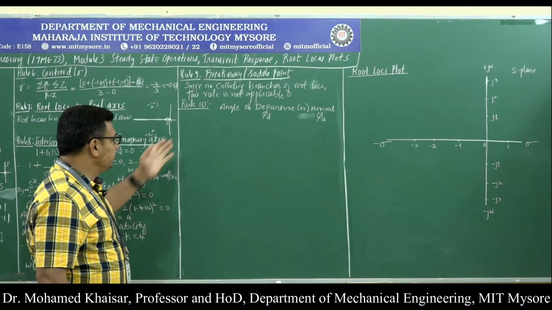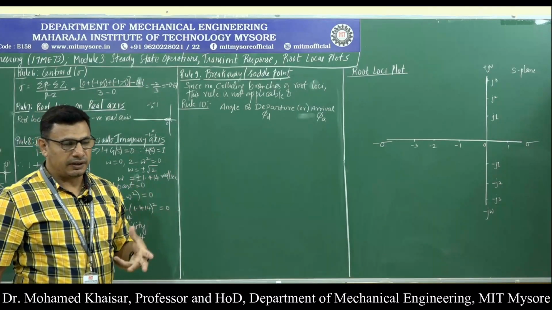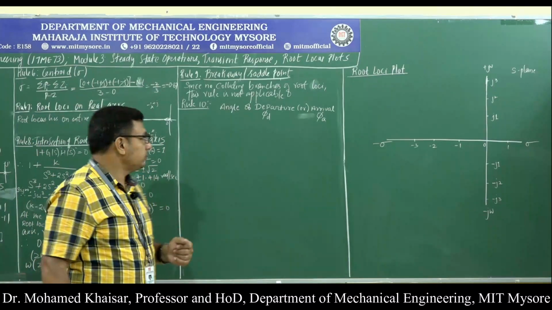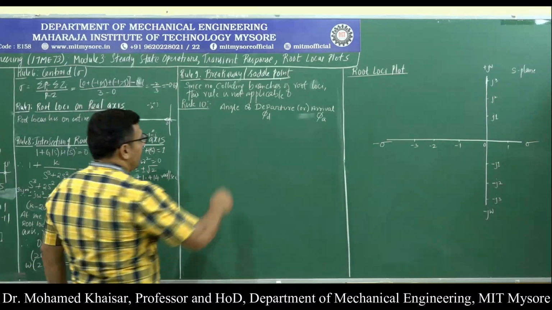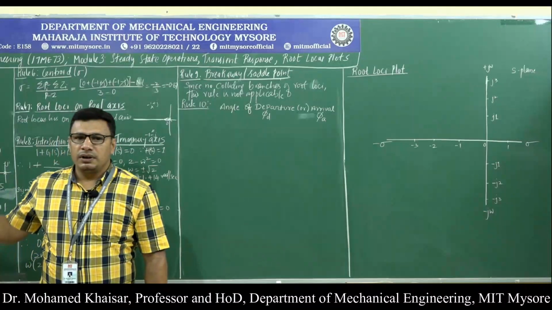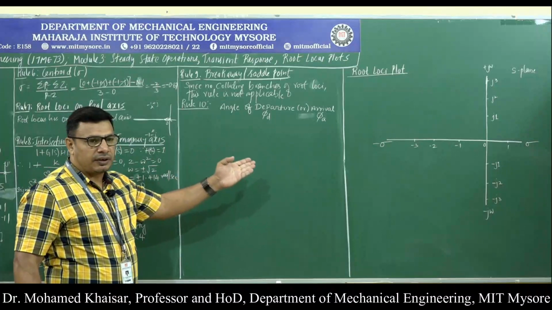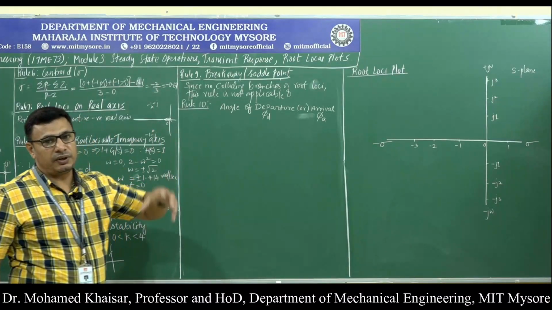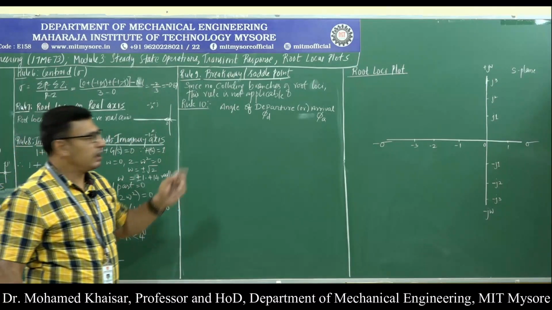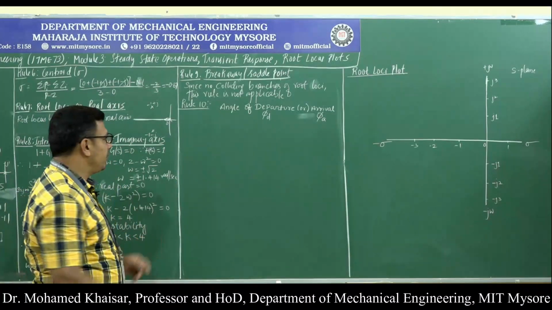So for that, the angle of departure, or the angle of arrival if they are zeros, is to be found out. Here, since two complex poles are present, we will be using the angle of departure. If there had been a complex zero, we would have found the angle of arrival, but in this problem we need to find only the angle of departure.